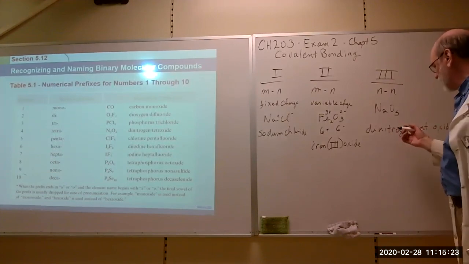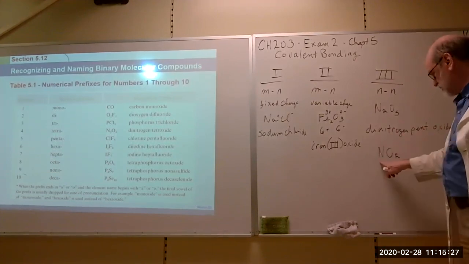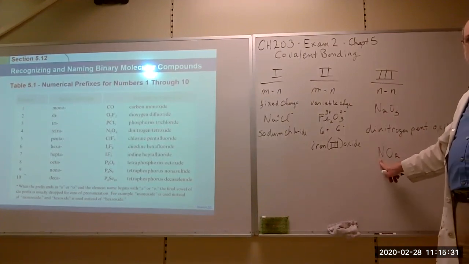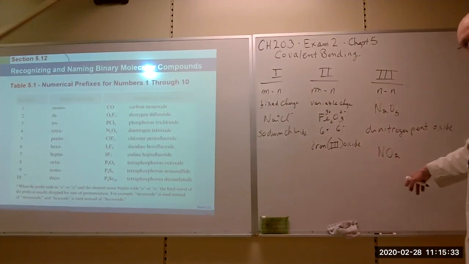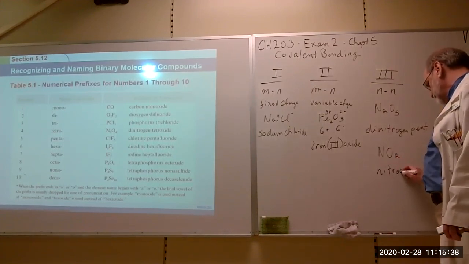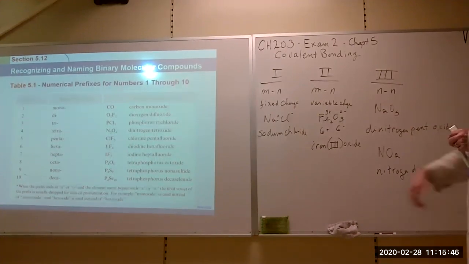If you only have 1 in the first position, you don't say mono. If it's just 1 nitrogen, you just say nitrogen. Dioxide. Okay? You only say mono if it's in the second one.